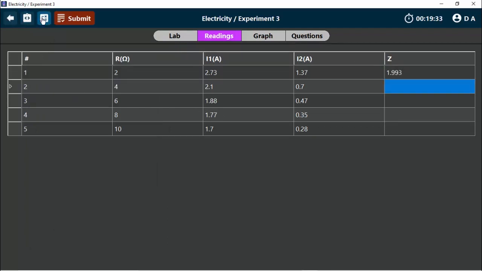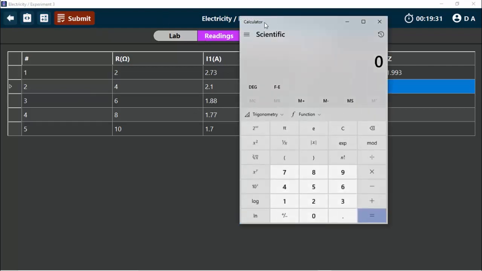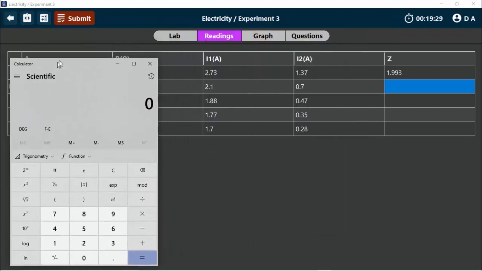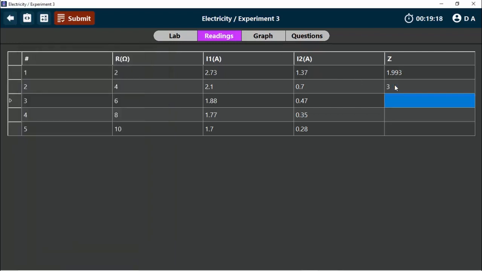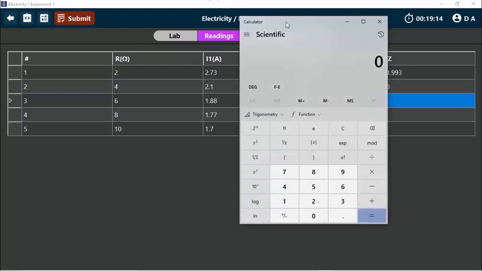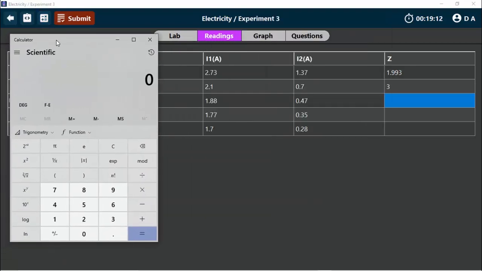Then the second one is 2.1 divided by 0.7. That gives 3. So the next is 1.88 divided by 0.47. So that's 4.